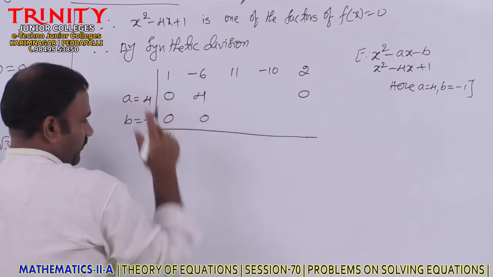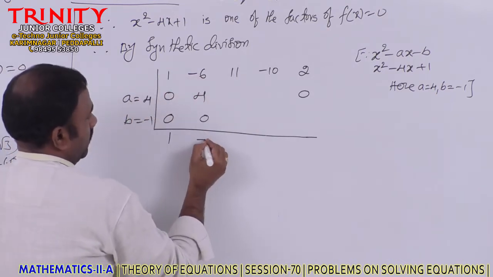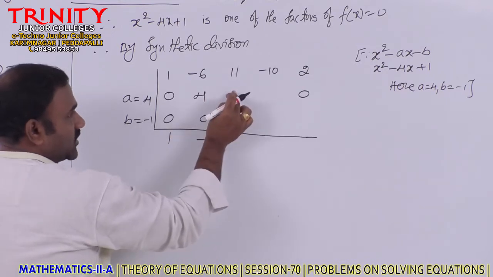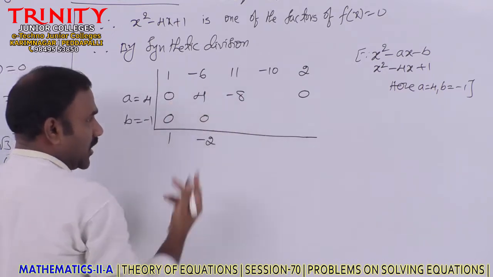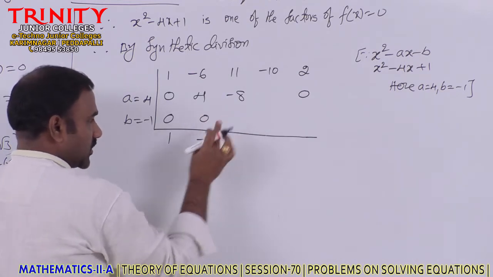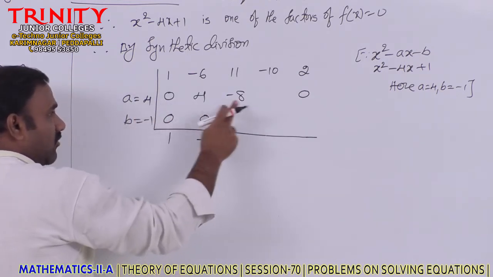Minus 6 plus 4 is minus 2. Now minus 2 into 4 is minus 8, and we need the third row position for it.